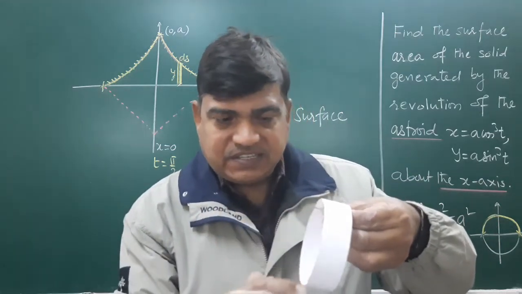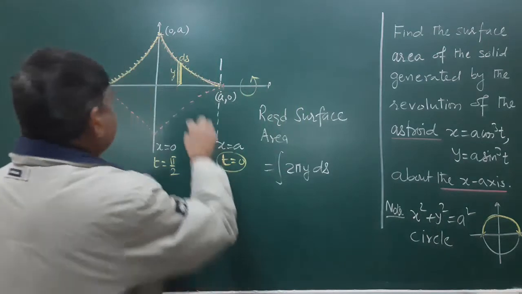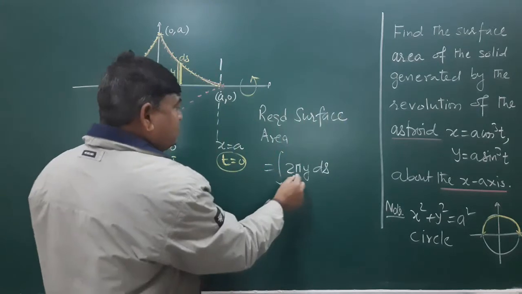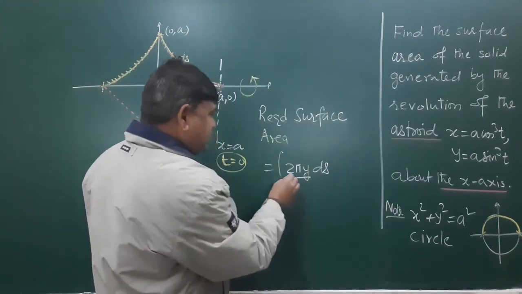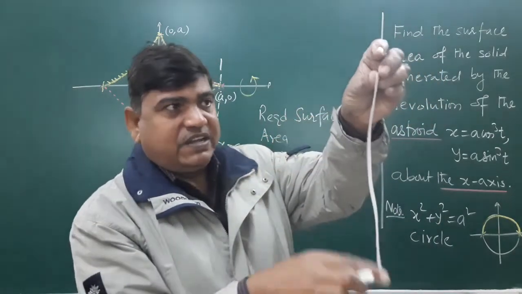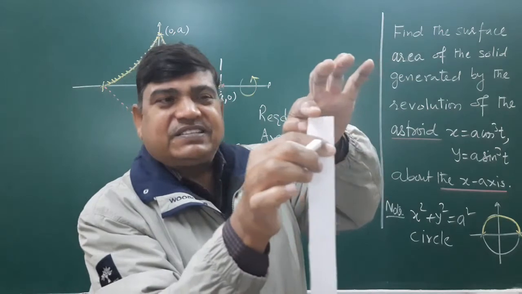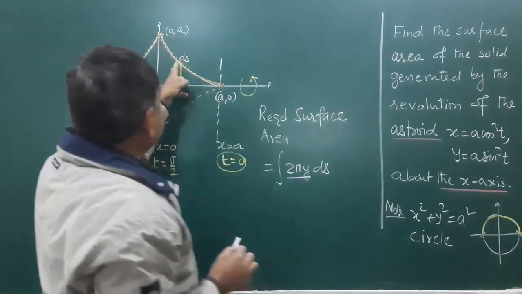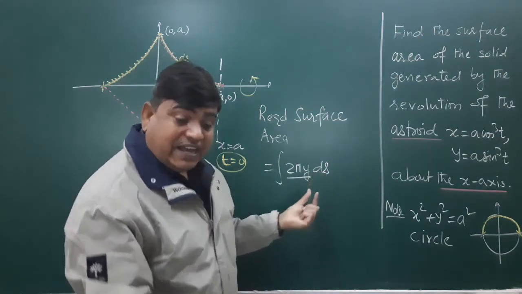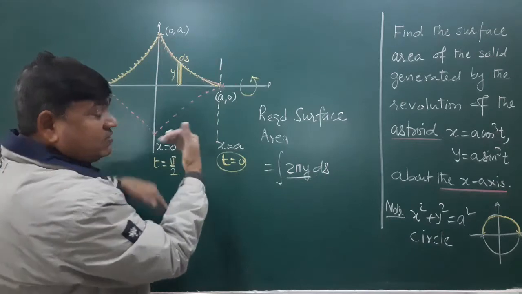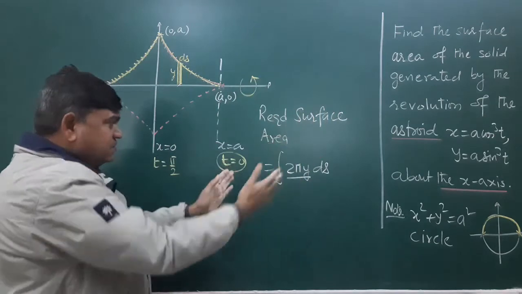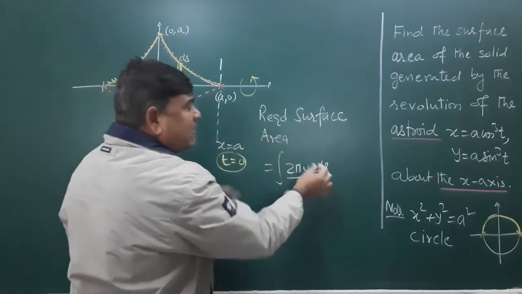You can see this is the circumference, and the radius is y, and the circumference of the circle is 2 pi y. This is the complete length, multiplied by this part. Here this is the straight one, but this is not straight. It is arc length, that means ds. And we have several strips just like this one. So we just integrate, means we just add. Adding all the strips means we have to integrate. So it is 2 pi y ds.